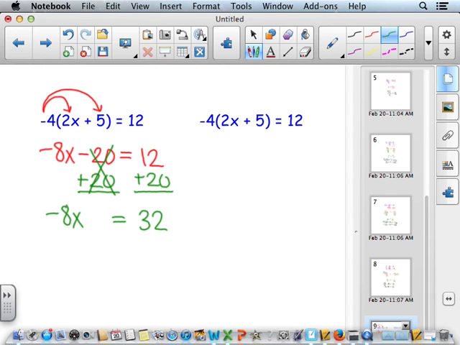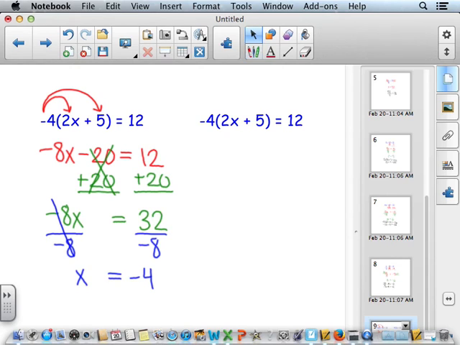I'm multiplying my variable by negative 8, so to solve, I will divide each side of my equation by negative 8. Negative 8 divided by negative 8 is 1, and 1x is just x. 32 divided by negative 8 is negative 4, so my solution is x equals negative 4.